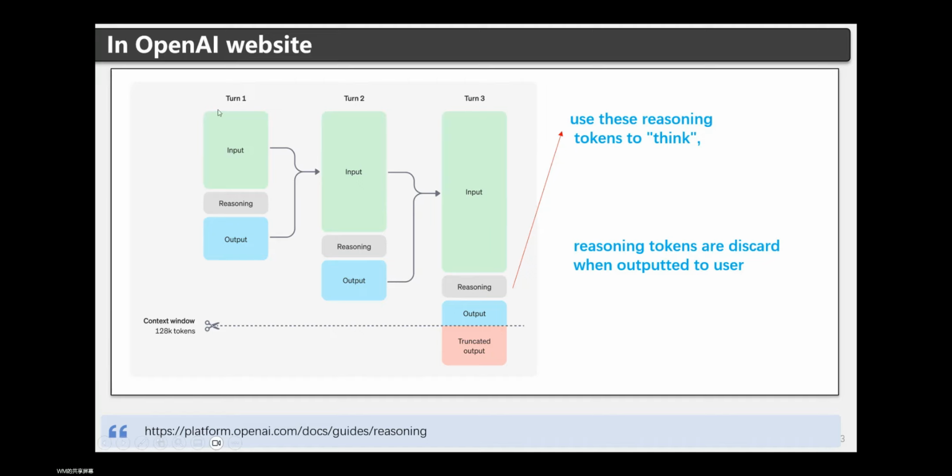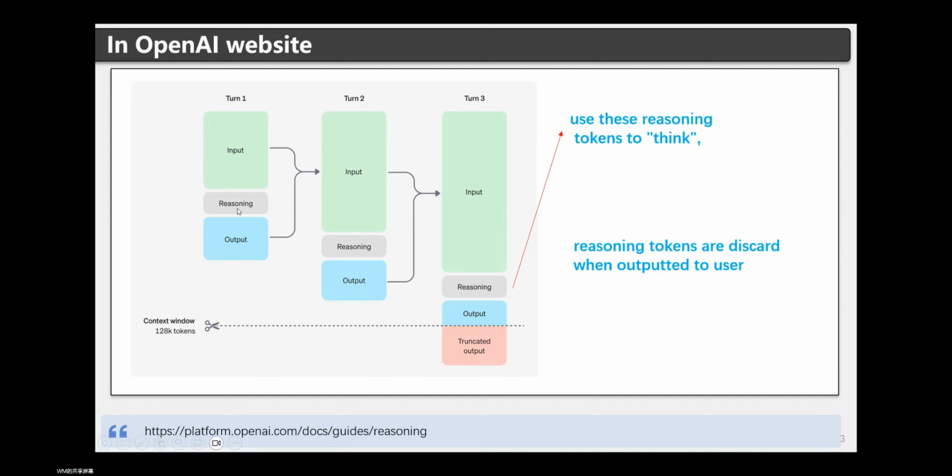In the first turn, as you can see, here is the user prompt. It is fed as the input to the model, and the model will make some inference based on the input, and also conduct the reasoning process in this step.